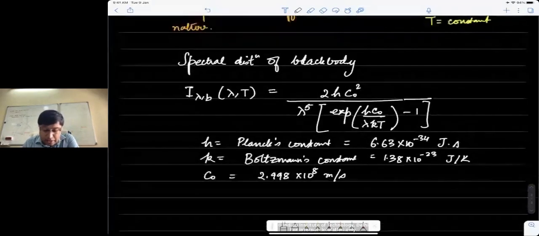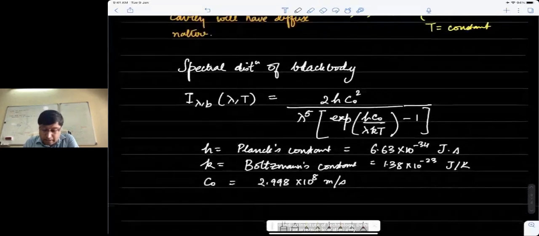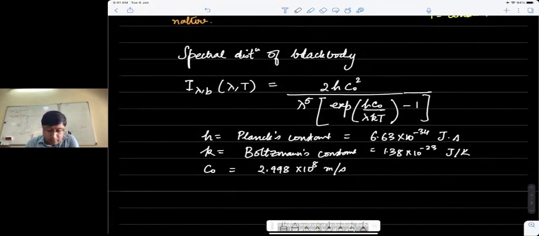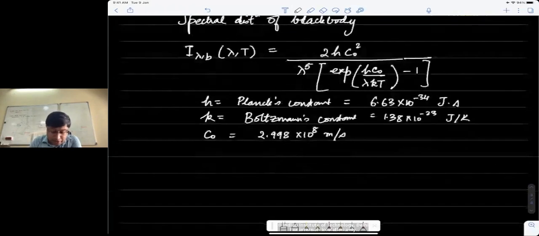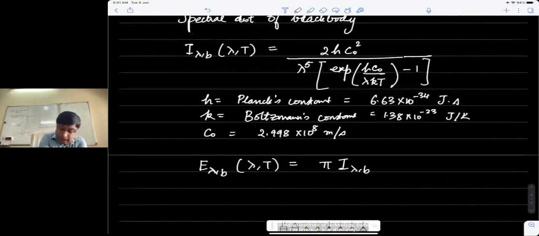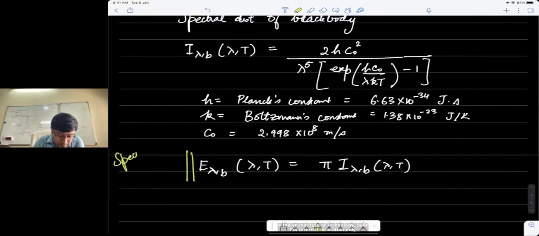Now, because the black body is one which emits the maximum amount of radiation, and it also is a diffuse emitter, it follows from the last lecture, where we looked at a diffuse emitter, that E lambda B, or rather E lambda I should say, but I'm just putting subscript B to define a black body now, which is a function of lambda comma T, for a diffuse emitter would just be pi times the intensity of radiation at the same lambda and temperature, which I defined as spectral emissive power.